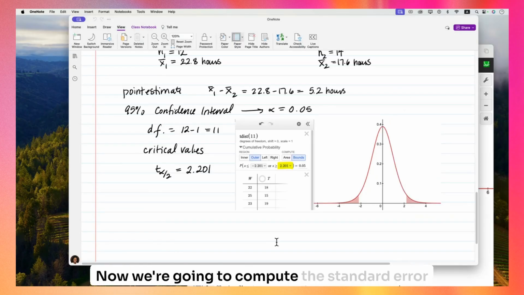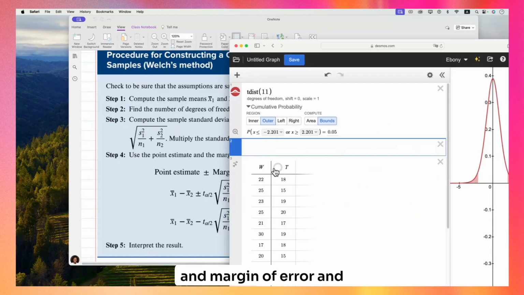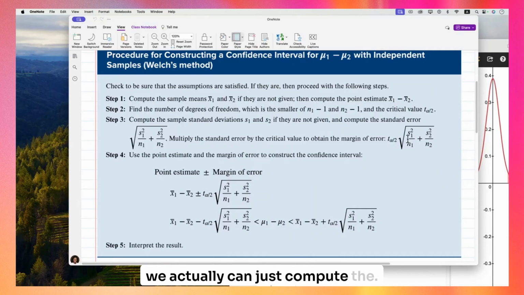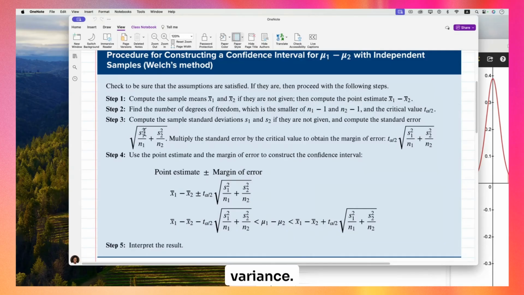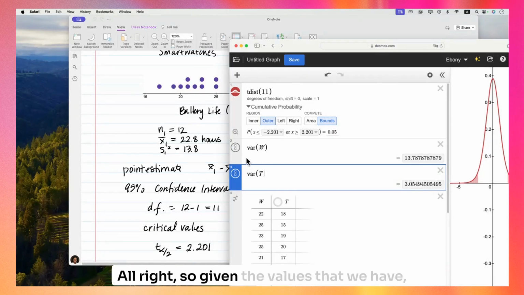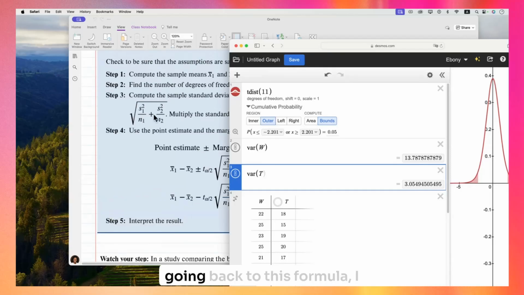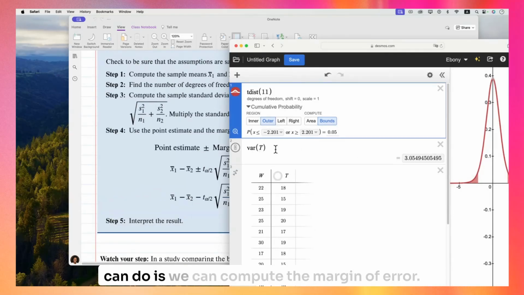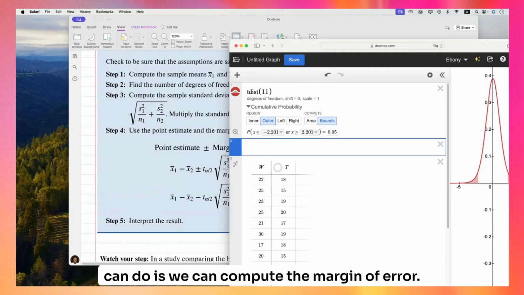Now we're going to compute the standard error and margin of error. We can actually just compute the variances. Let's write those down. All right, so given the values that we have, going back to this formula, we can compute the margin of error.